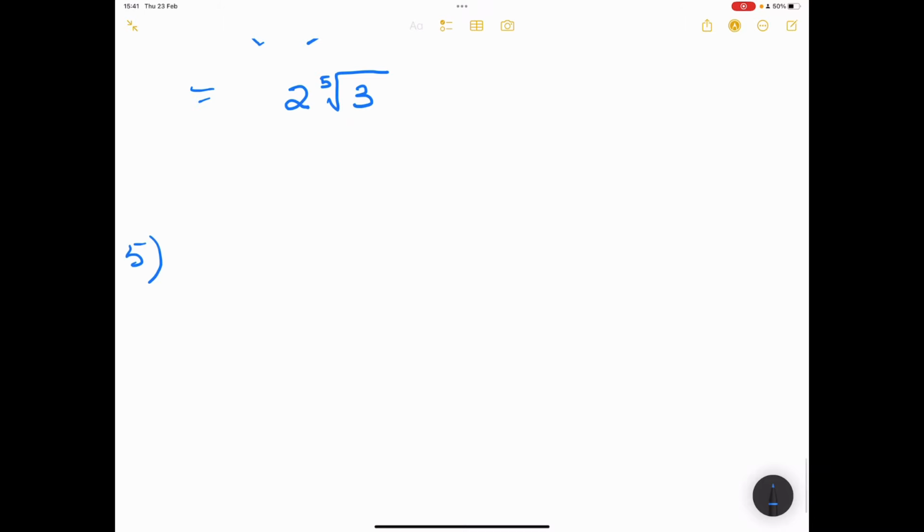So if I say to you, I take the square root of the square root of 81, how can I represent that? I'm going to say that's the same as the square root, and I'm going to put this in brackets, of the square root of 81.